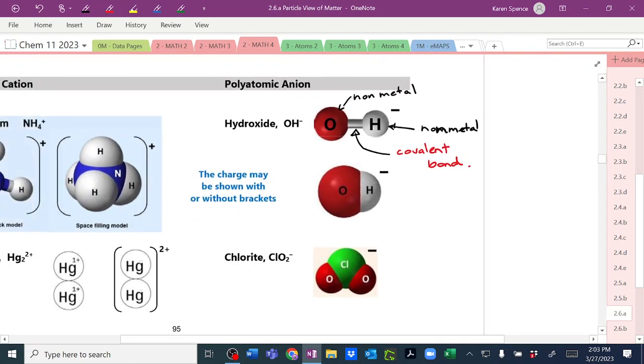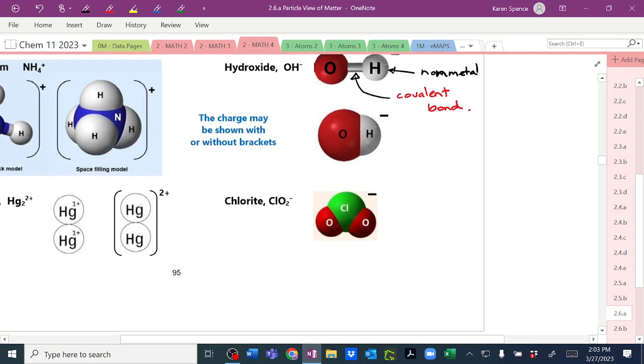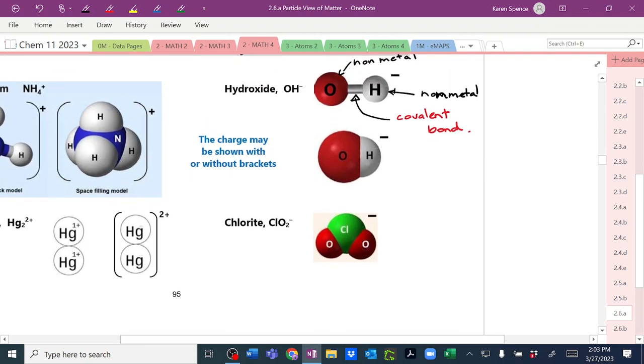Now, we might actually take two polyatomic ions and put them beside one another. So I'm going to draw a little NH4 down here. N, H, H, H, H, and that has a positive charge.